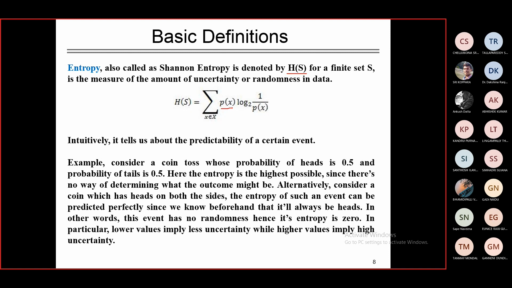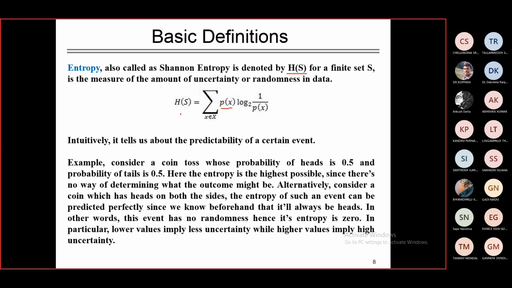Here P(x) is the probability of the event x, where x belongs to capital X, which means some attribute or feature in the data set. It tells us about the predictability of a certain event. So if we want to know the probability of a certain event, we can use this entropy equation and get the amount of uncertainty or randomness in the given data.